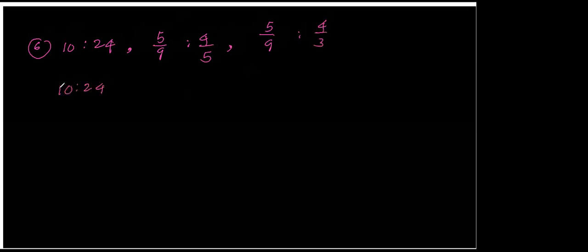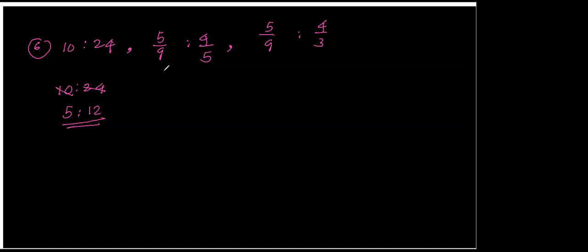We can simplify: how many 2's, 5; how many 2's, 12. 5 to 9. You can write here, both you can multiply by 45. This is by 45, this is by 45. 5, this is by 9. 5 times 5, 25 to 4 times 9, 36.